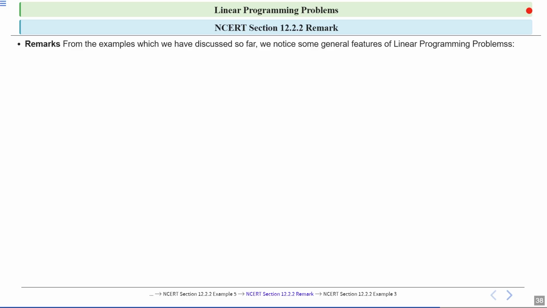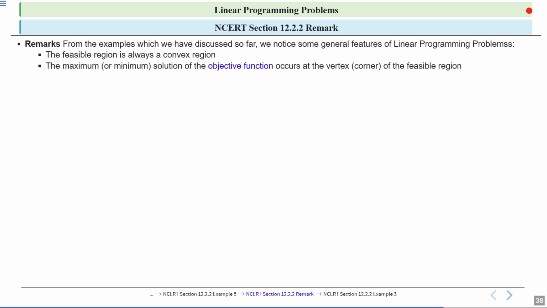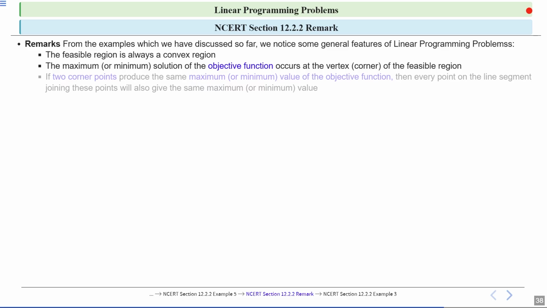Now, we discuss remarks from the examples which we have discussed so far. So, we notice some general features of linear programming problems. The feasible region is always a convex polygon, a convex region. And the maximum or minimum solution of the objective function occurs at the vertex or corner points of the feasible region.